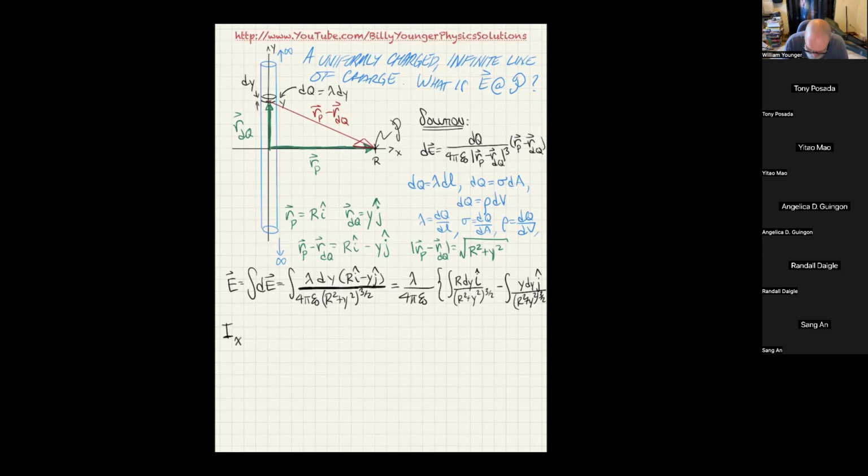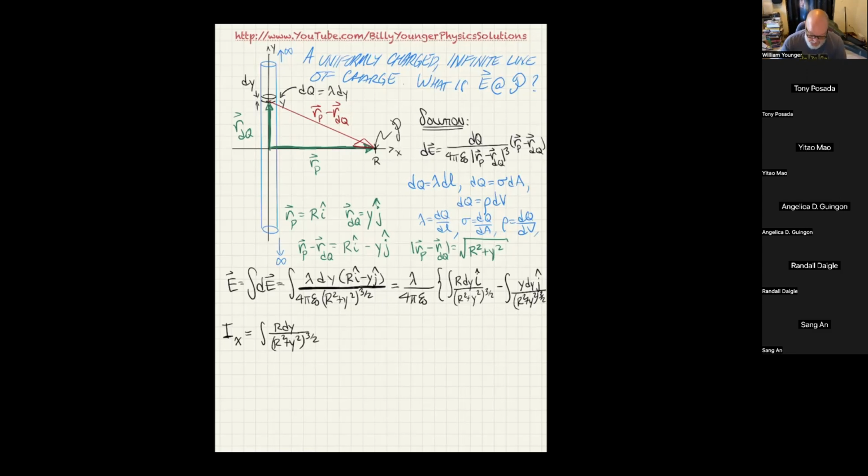And that's the one with the i hat, basically. So what we have is the integral of r dy over r squared plus y squared to the 3/2. And of course, I didn't put the range of integration, but I suspect you all realize it's going to be negative infinity to positive infinity.